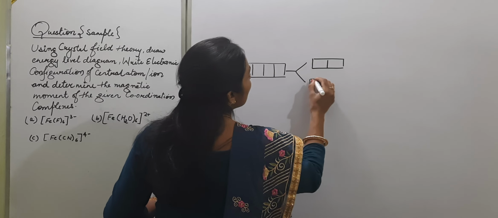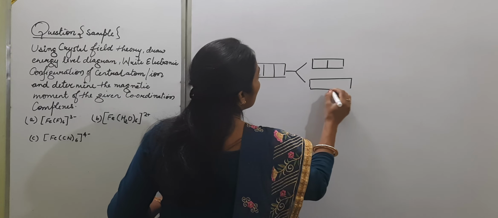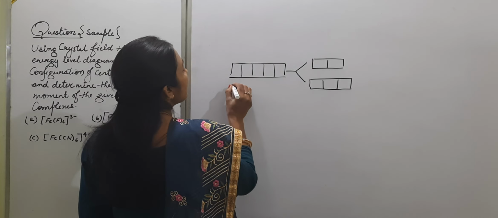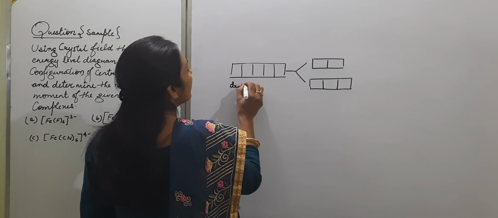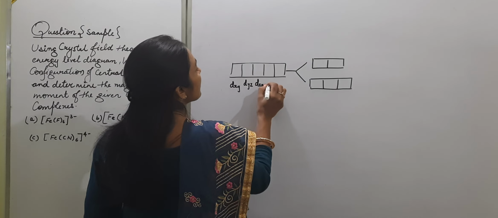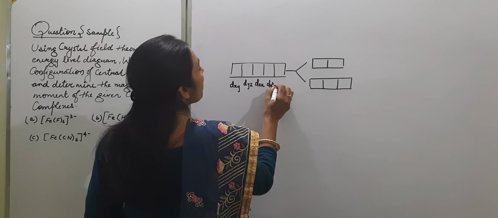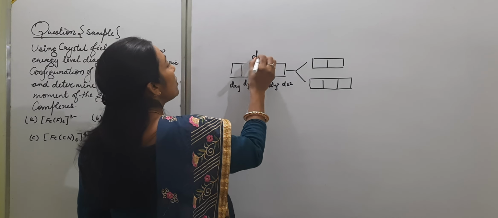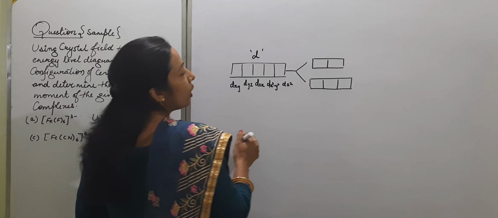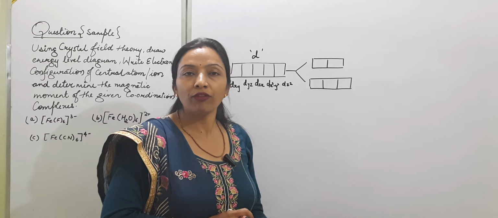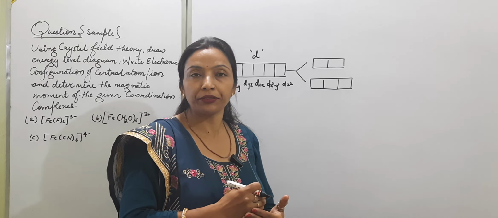either for octahedral complexes we will have this type of division, that is dxy, dyz, dzx, dx square minus y square, and dz square. So this is the degenerate d orbital, which can be divided into two types of energy level on the coming of ligand.